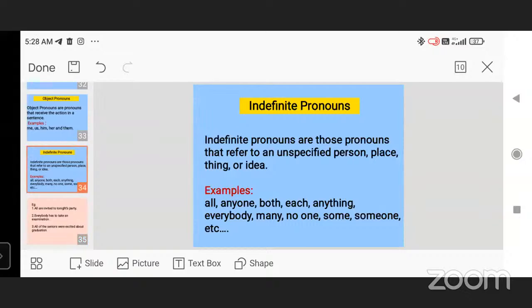Now I'm going to ask, can anybody give me one sentence using these examples? Yes, Diksha. All of you stand out. Okay, good. Anybody else?